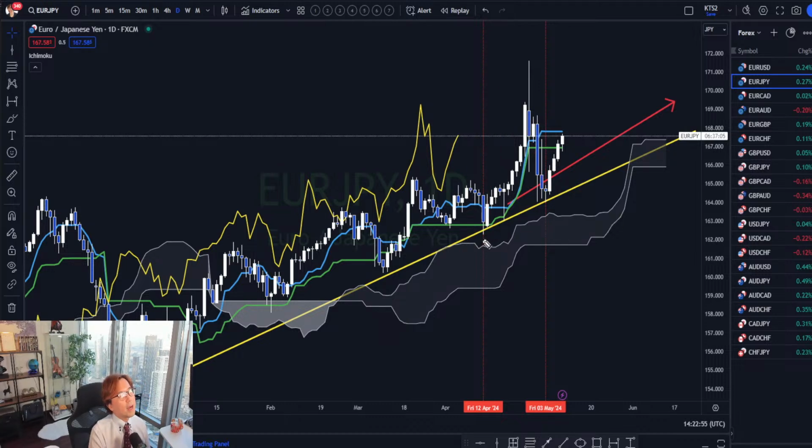So let's count how many candles in between first. When I count the number of candles, I use this date range in TradingView. Date range, I simply click on that and I count the number of candles.